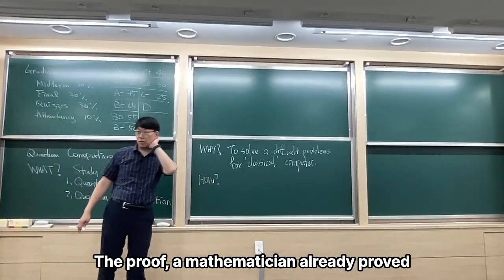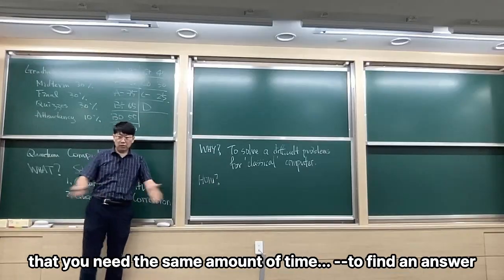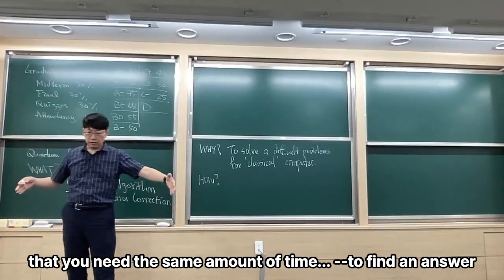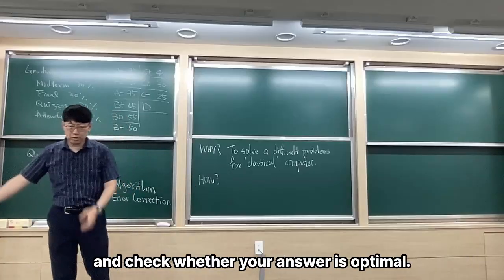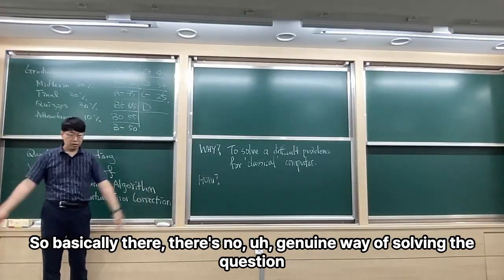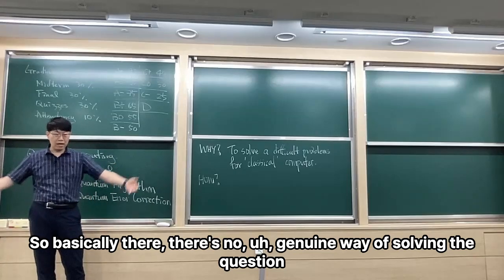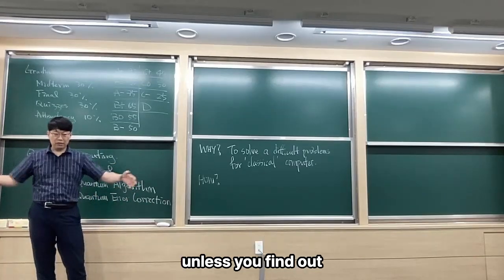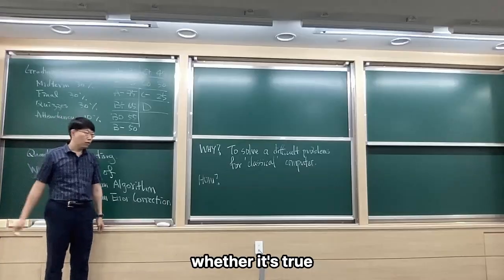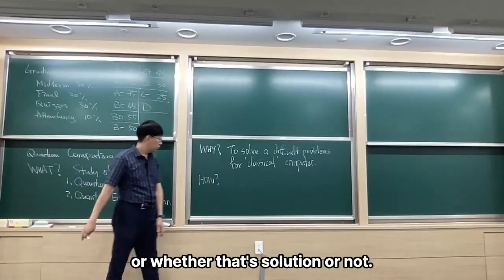A mathematician already proved that you need the same amount of time to find an answer and check whether your answer is optimal. So basically, there's no genuine way of solving the question unless you find all the possible solutions and then check everything, whether it is a solution or not.